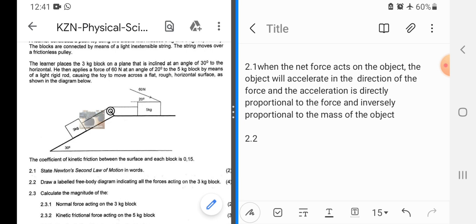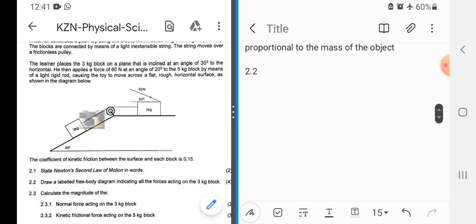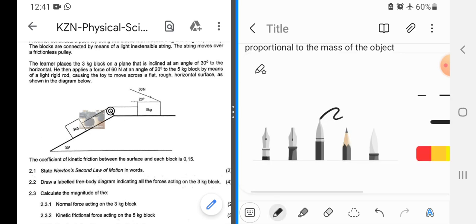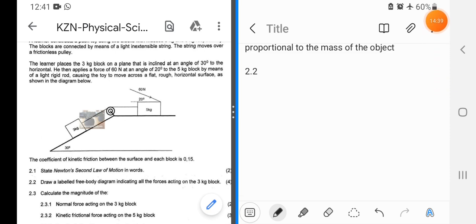Now 2.2 says draw a free body diagram indicating all the forces acting on the 3 kg block. All right, if you've done this, remember this is being pulled at an angle, so we'll have a dot in the middle.